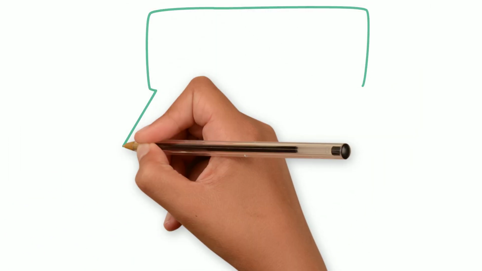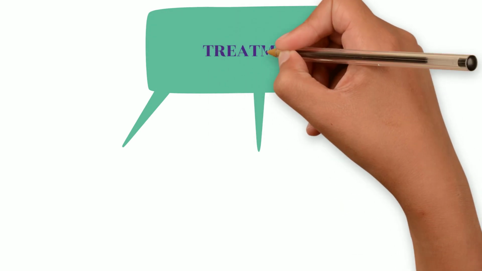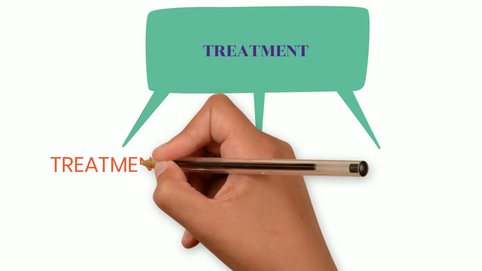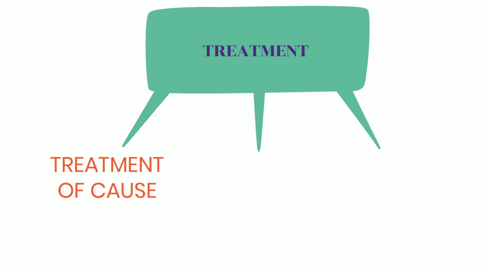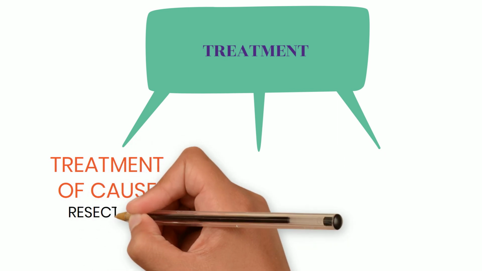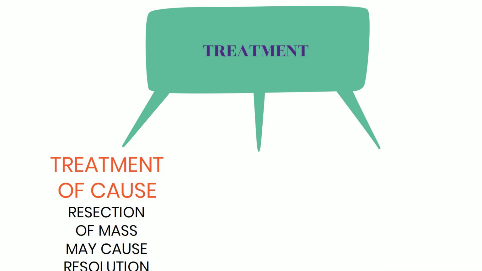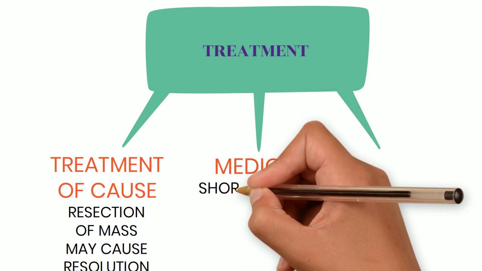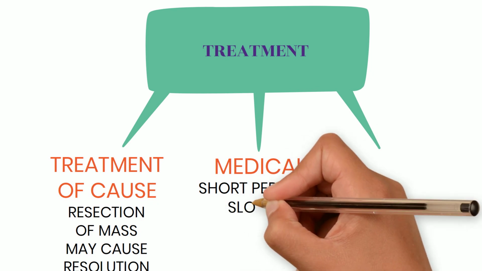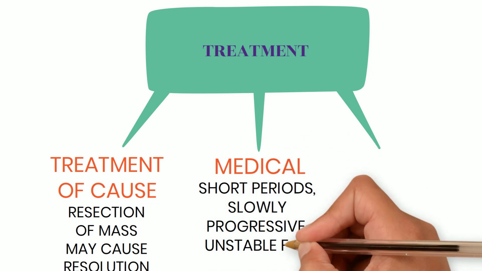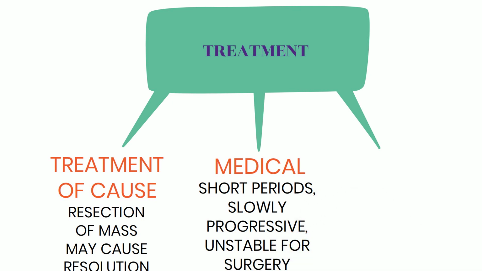Coming to treatment, first and foremost is treatment of the cause, if possible. If there is a tumor, resection of the tumor itself can cause resolution of hydrocephalus. Second one is medical management. Here it is only for a short period in slowly progressive hydrocephalus in those who are unstable for surgery.